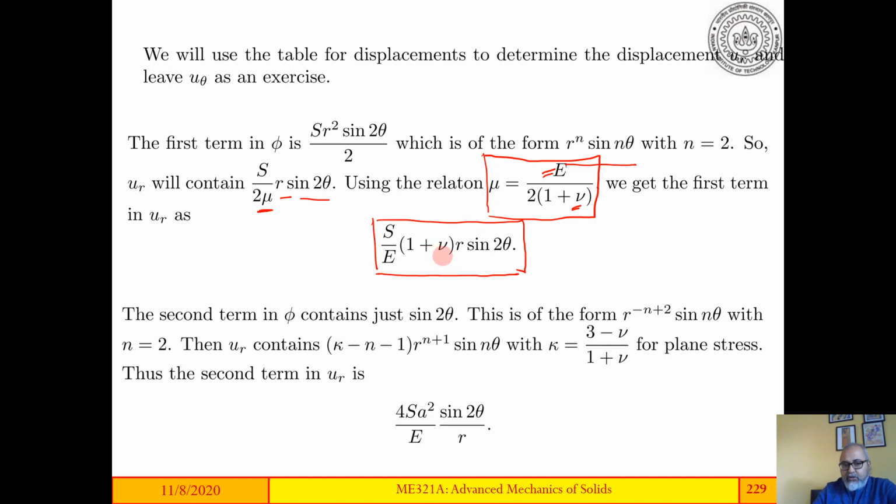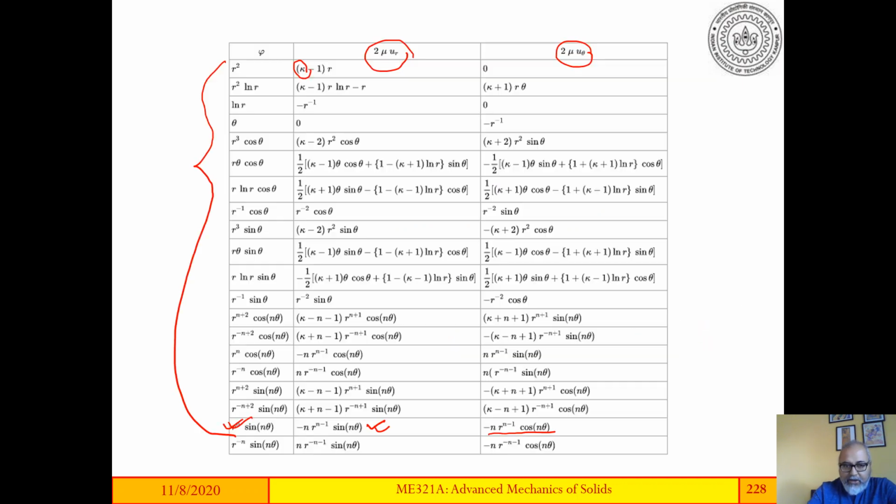Let's take the next term, which is sine 2 theta, and this is what we are going to take with n equal to 2. So if you go back to the table, this is the term that I can take with n equal to 2. So there's minus 2 plus 2 kappa, r to the power 0, sine 2 theta, and it will lead to this term in u_r. Again, I'm not doing u_theta. If you did, it would just have the cos n theta.